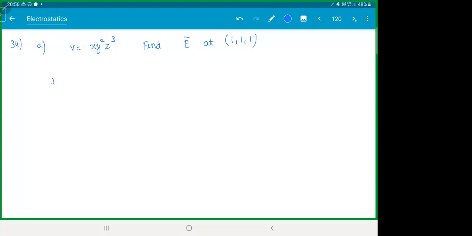Remember partial differentiation? I'll show you one. What is dou V by dou x? When you differentiate, x is variable, everyone else is constant. So y square z cube. Dou x by dou x is 1.